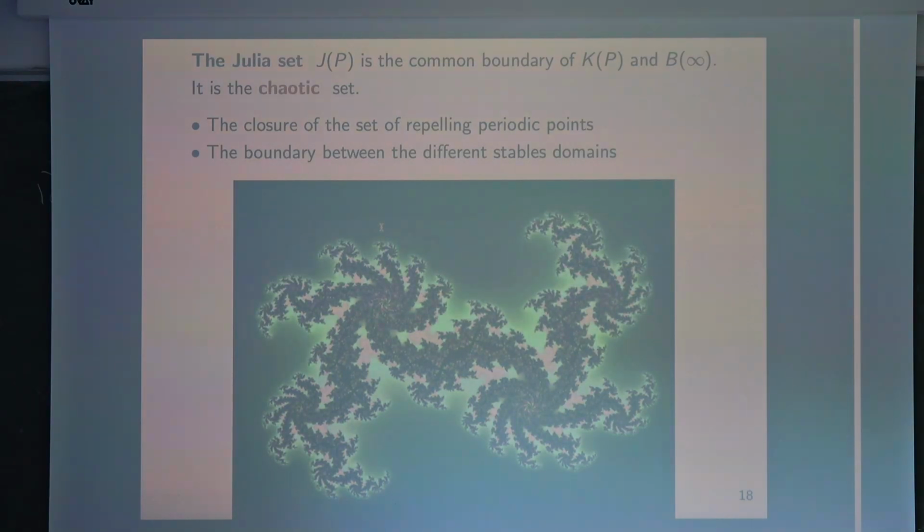A repelling periodic point: this is a periodic point, and it's of period k if k is minimal. And it's repelling if the derivative at this point is of modulus strictly bigger than 1.